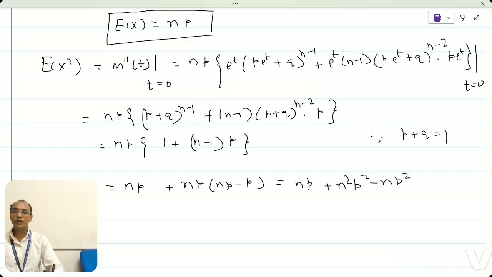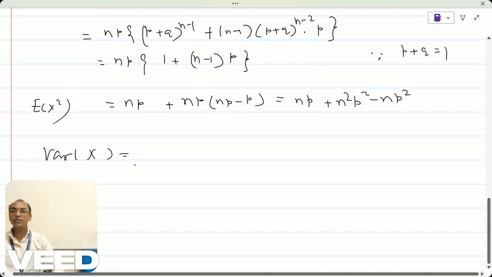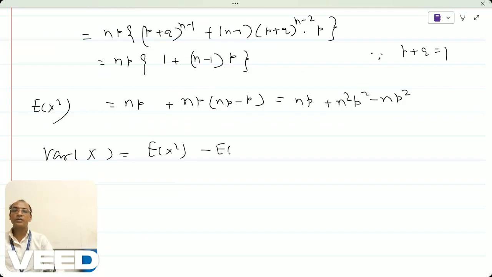Now variance of x is nothing but expectation of x square minus expectation of x whole square, and that is equal to np plus n square p square minus np square minus n square p square.